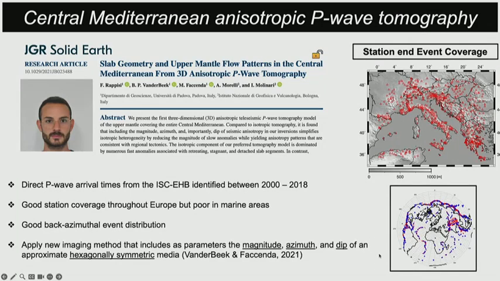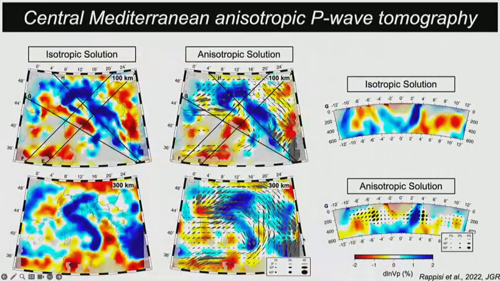These are the teleseismic events that we have used, and this is the result. This is the solution when we ignore seismic anisotropy: you can see that at 100 and 300 kilometer depth some fast anomalies which you can relate to the subduction of the Alpine and the Apenninic slab, right? And this is a vertical cross section, and this is the anisotropic solution.